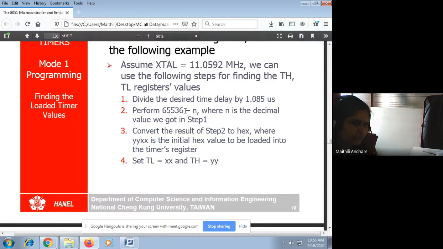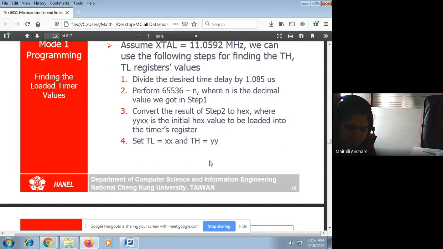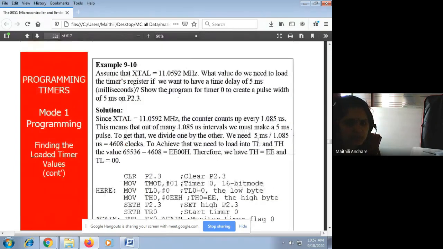Here there are no two calculations of hex and decimal. Only follow these steps. Then you will get some value, convert that value into hex. Once you get that hex value, correlate it with YYXX. XX is loaded in TL and YY is loaded in TH. That's it.